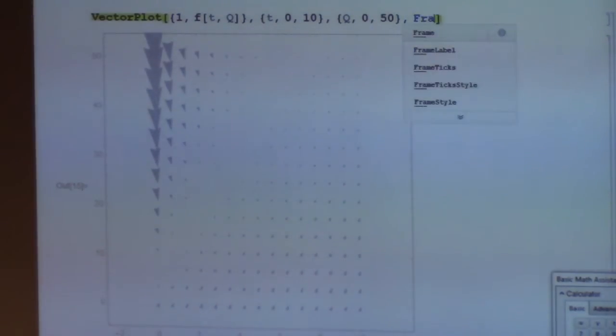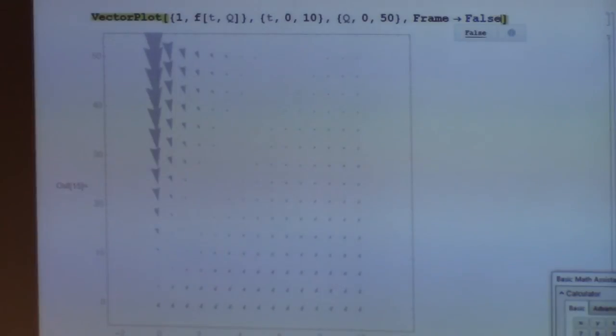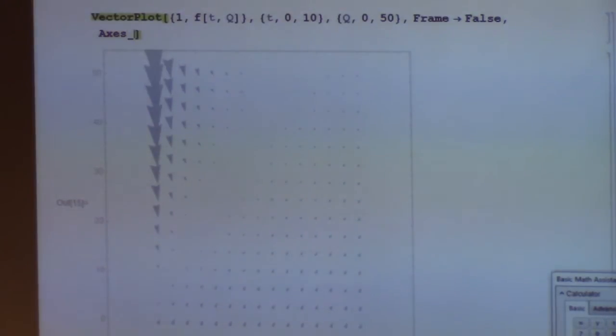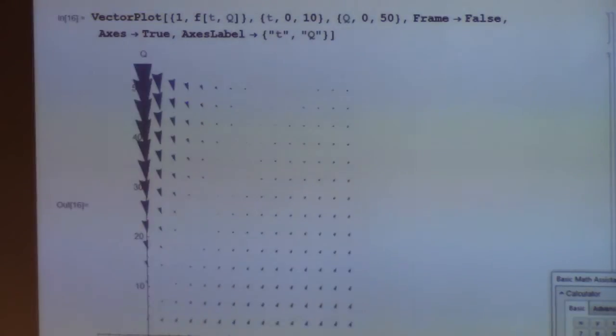So like get rid of the frame, arrow false. Actually, you don't have to get rid of the frame, that's my preference. Include axes true. I think you should include axes whether you get rid of the frame or not. Axes label, t q. Actually, let me go ahead and show you what I hinted at last Friday, that you can use what I call Text and Style built-in functions to make bigger and italics versions of t and q.